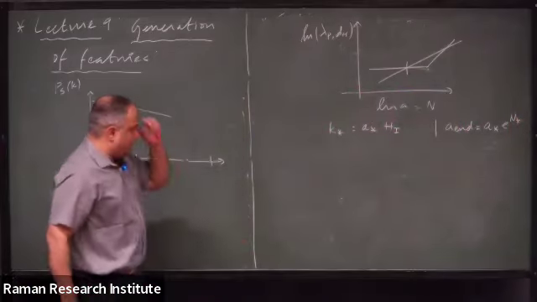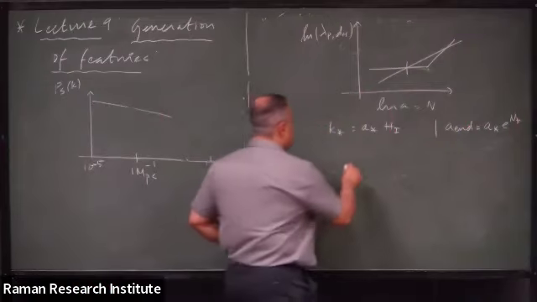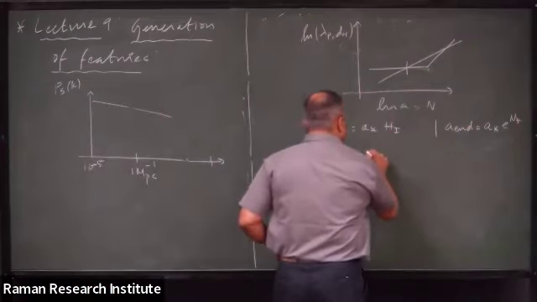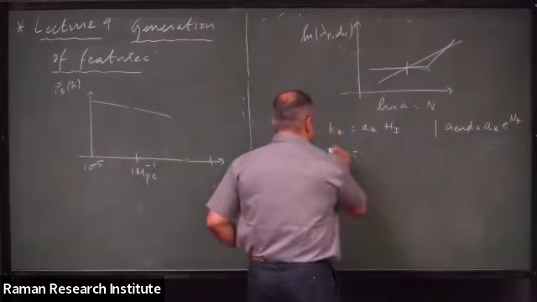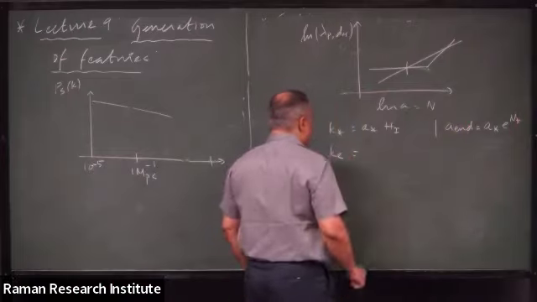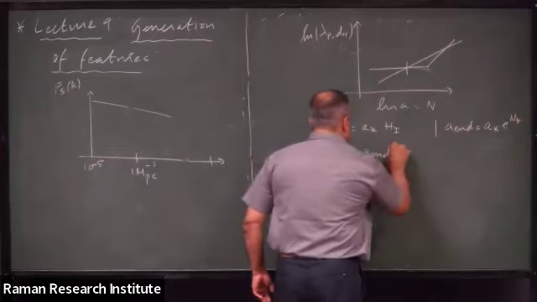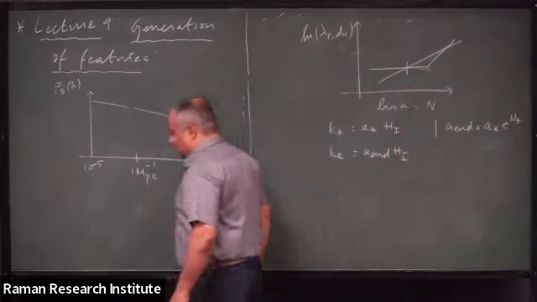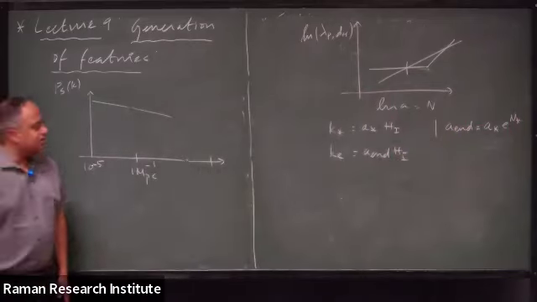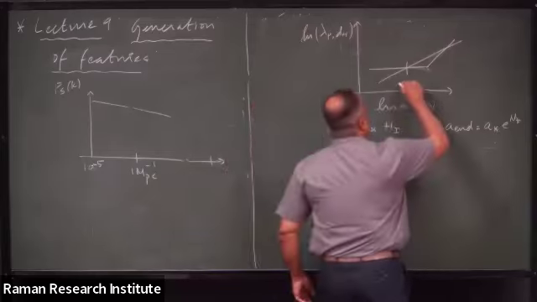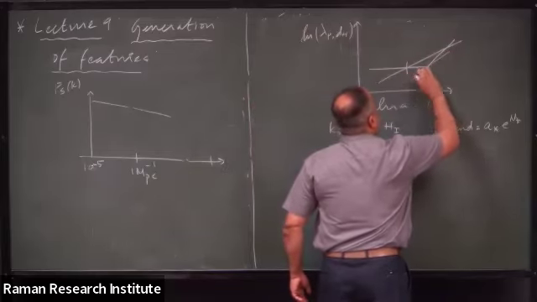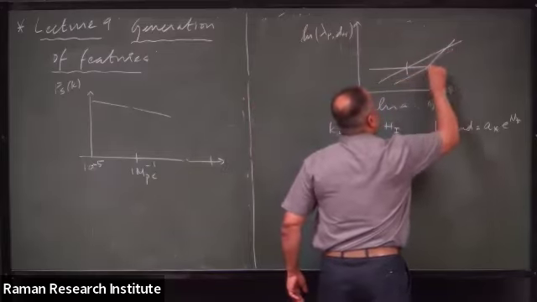right? Okay, a star is, I'll come to that in a minute. I will also call something called k_E, which is a_E H_I. What is k_E? k_E is the scale, this scale here. I should draw it correctly, like that.